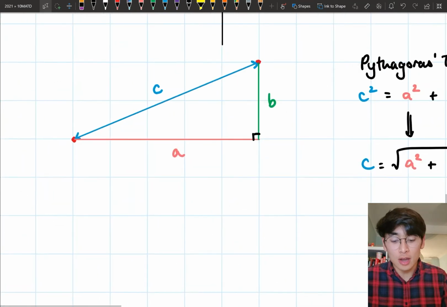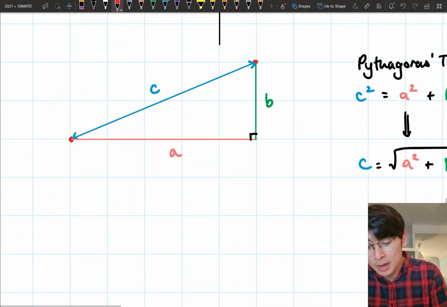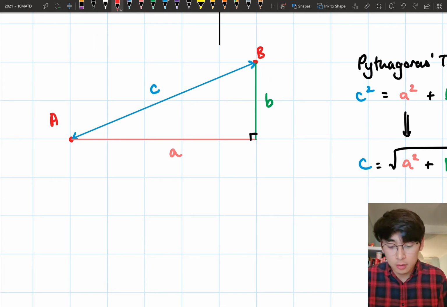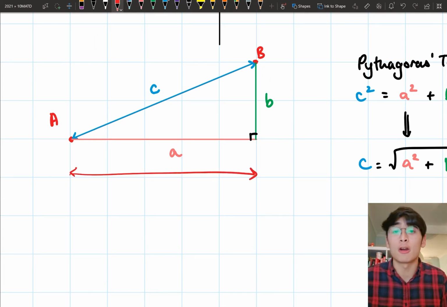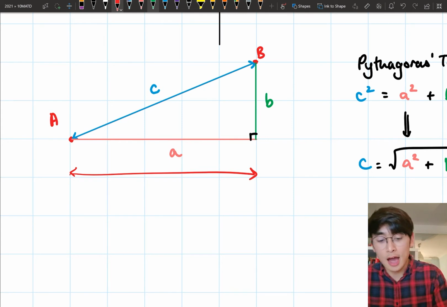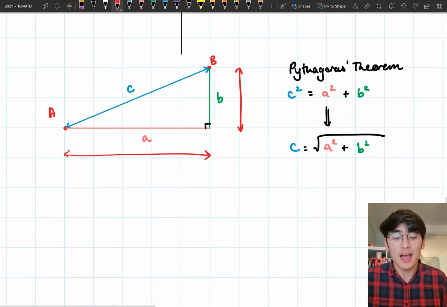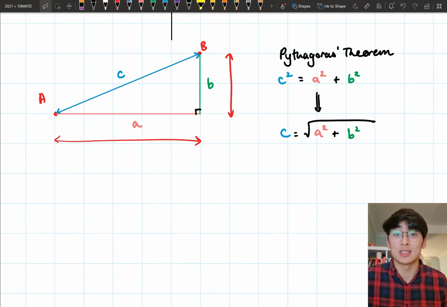If I know the x and y coordinates for big A and big B, I can find how long A is by comparing the x coordinates and how long B is by comparing the y coordinates. And by doing this, I can apply Pythagoras' theorem.